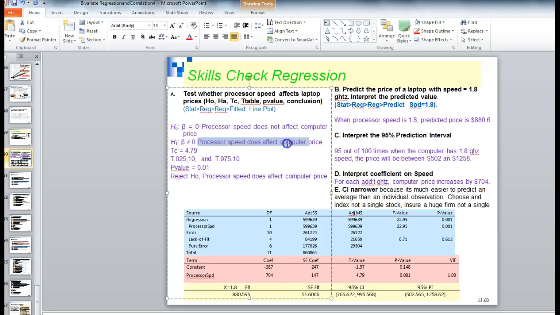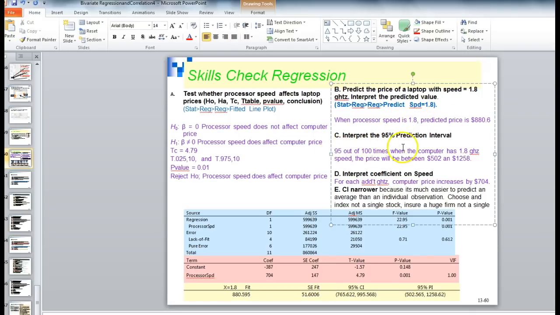Processor speed does affect computer price. We've got my T computed, my T table, p-value, reject. Processor speed does affect computer price. We get a fitted value with stat, regression, regression, predict, speed equal to 1.8. When processor speed is 1.8, predicted price is 880.